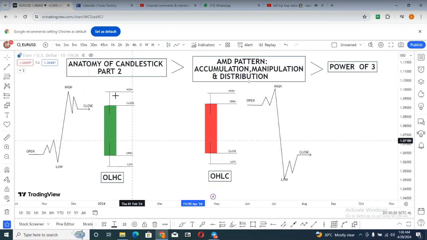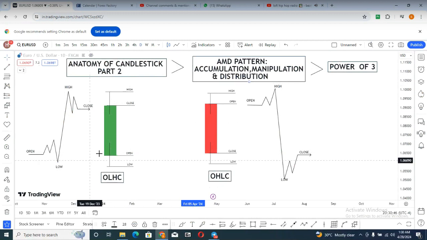So the anatomy of candle, I said, is also the same thing as the AMD pattern, accumulation, manipulation, and distribution, also known as the power of three. I'm going to go in depth into the anatomy of candle, which is also known as the open low high close and the open high low close, which is what you see now in a bullish scenario.